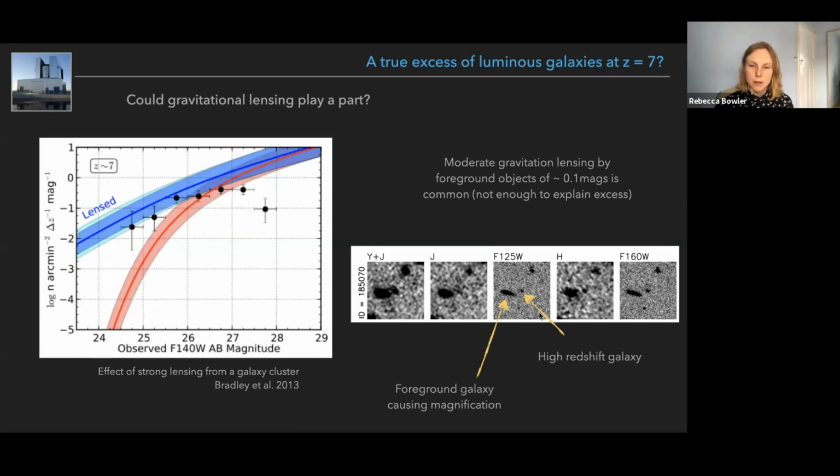An example is shown in this little image here: the high redshift galaxy is in the middle, but its flux is boosted by the fact that there's a redshift 1 or so galaxy very close to it along the line of sight. So we did a calculation of what this was doing to our measured luminosity functions, and we found that this moderate gravitational lensing is common, but it's only small, only 0.1 magnitudes on average. So this is not enough to explain the excess that we find.